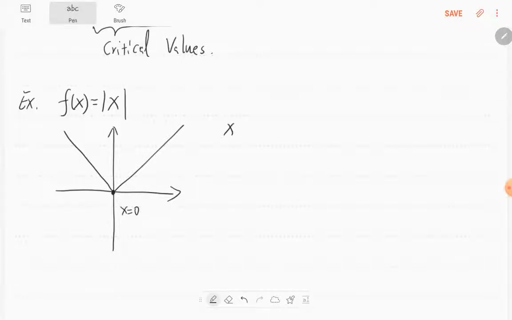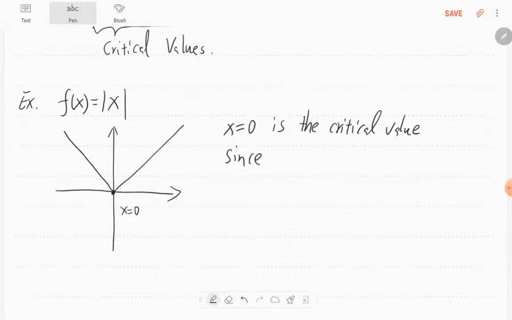So x equals 0 is the critical value or critical point, since f prime at 0 does not exist. You can see my previous lectures to see why f prime of 0 does not exist.